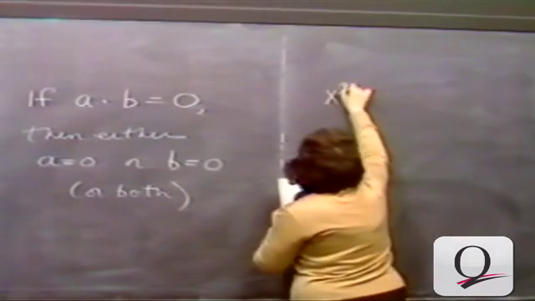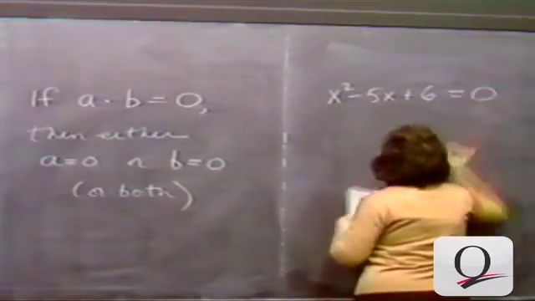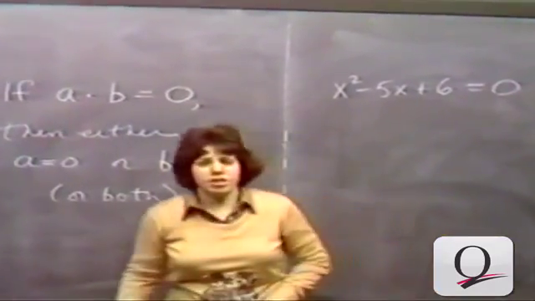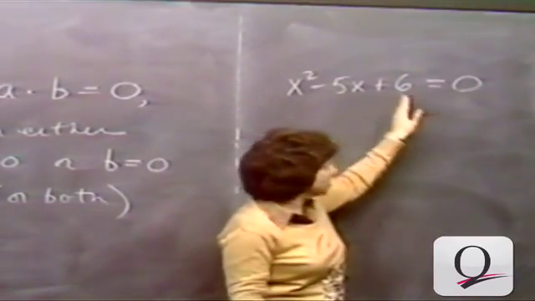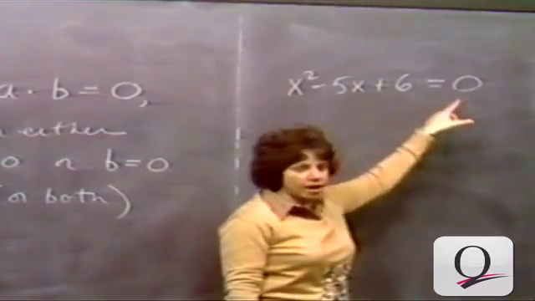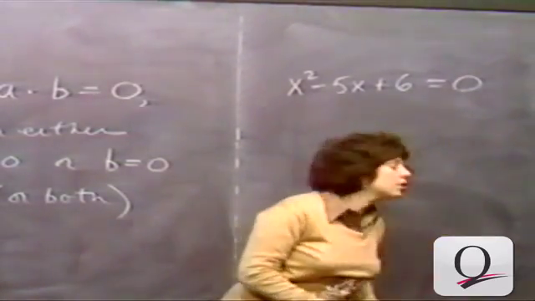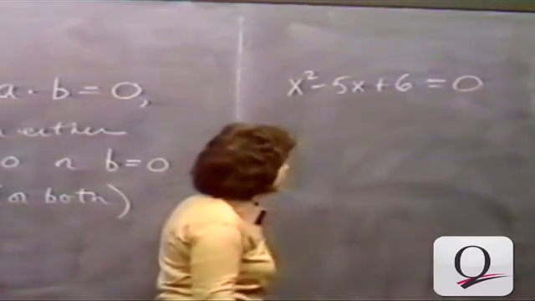Okay, x squared minus 5x plus 6 equals 0. Here we have a quadratic equation in standard form. Standard form means you have it ax squared plus bx plus c equals 0. It's very important: everything is on one side. The right-hand side here is 0. We're going to factor this trinomial. That's very easy to do.